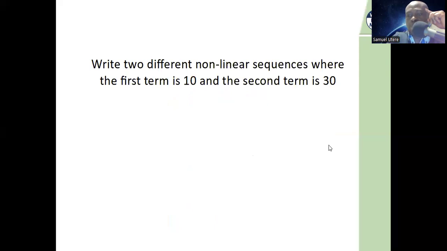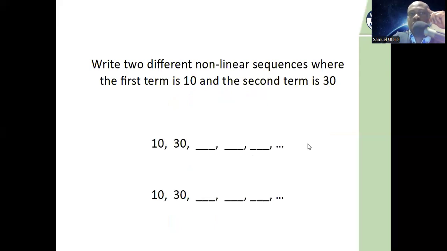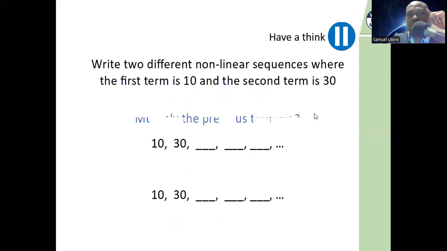Now I want you to have a think. Write two different nonlinear sequences where the first term is 10 and the second term is 30. I want you to have a think. What would you get?